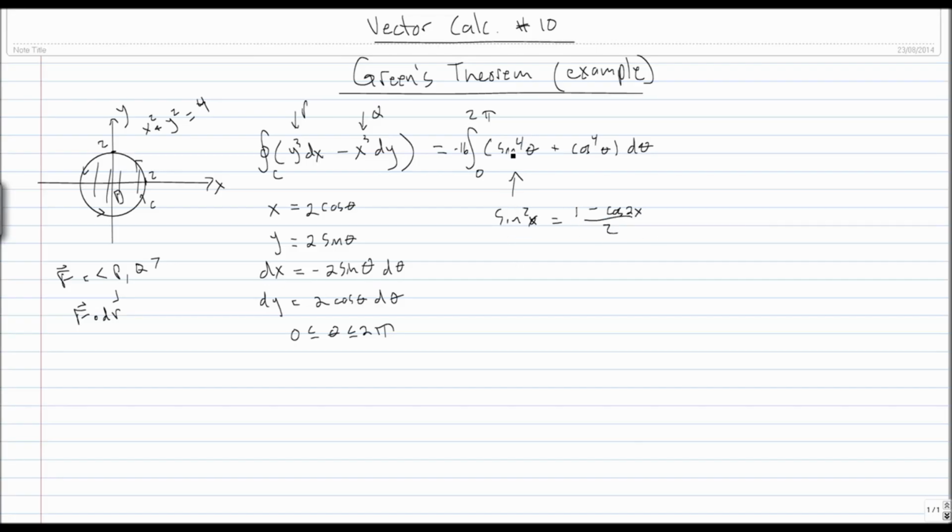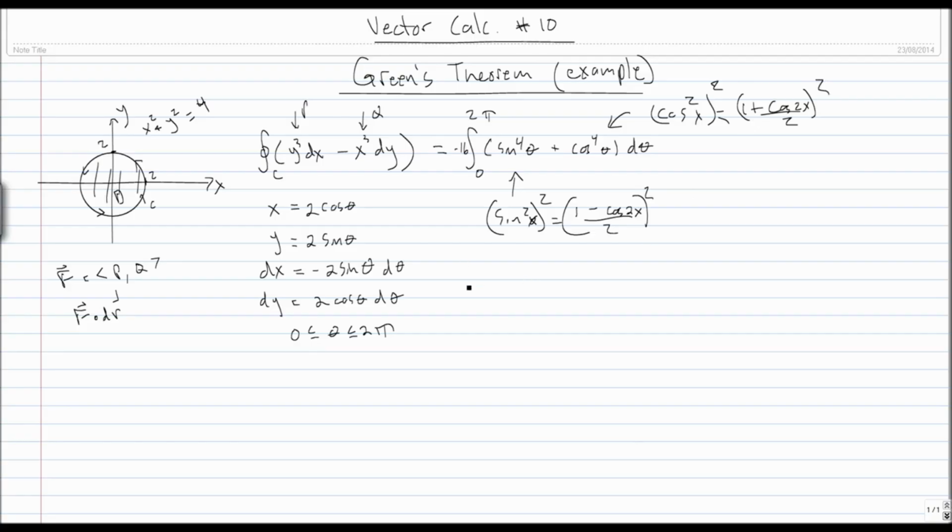Okay, so here we have sine squared squared, so I'm going to make this substitution for that term. And then for this guy here, I'm going to use the fact that cos squared of something is equal to 1 plus cos 2 of those things over 2. Here I have cos squared squared, so I'm going to make this substitution.